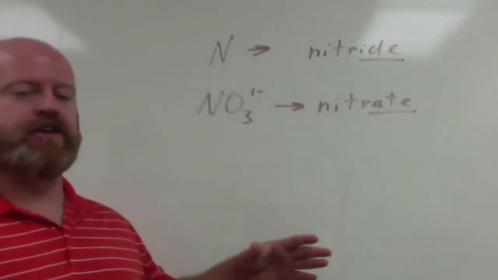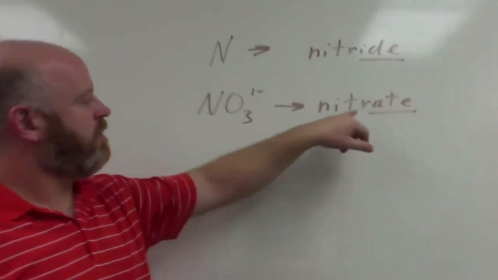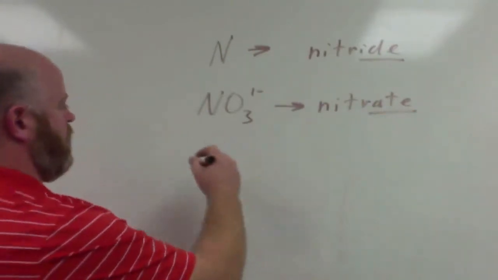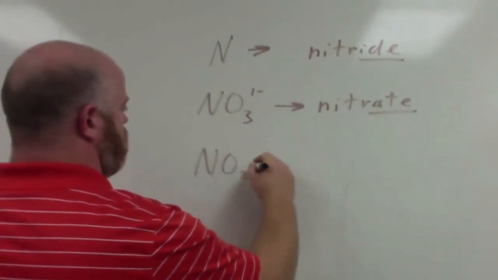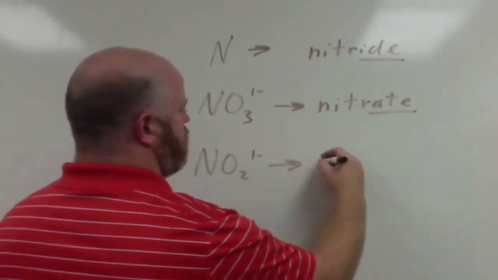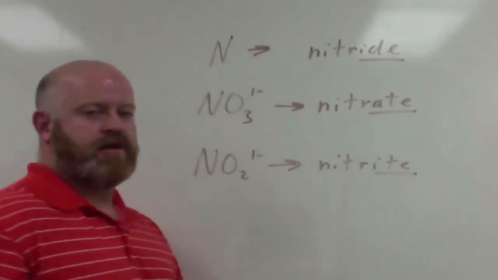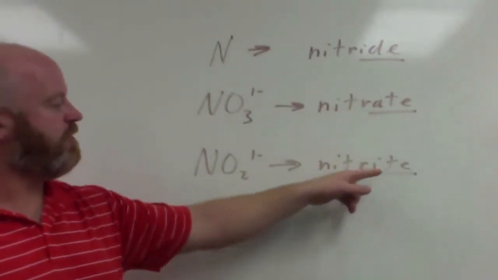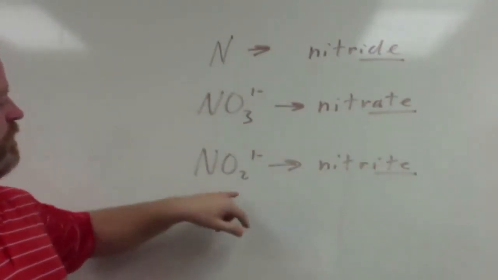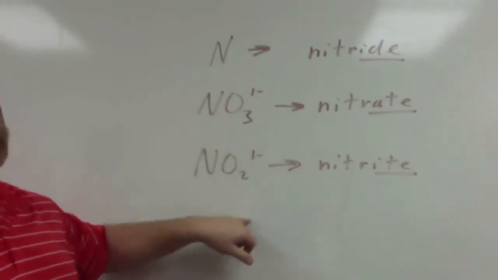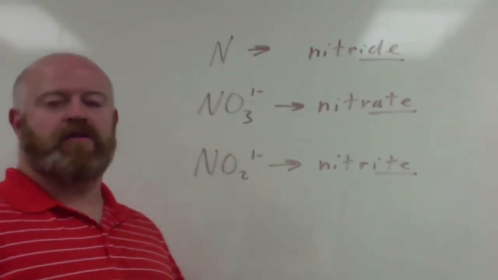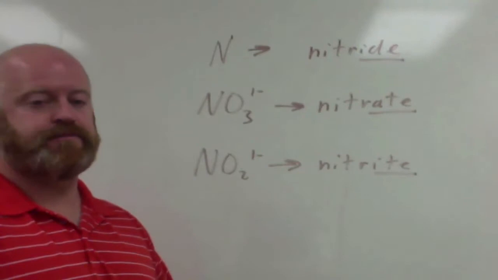So the change here is our ending goes to ATE. If you had NO2 with a 1- charge, we have nitrite. Nitrate and nitrite are similar, but they differ by 1 oxygen. That pattern repeats itself with all the different polyatomic ions.